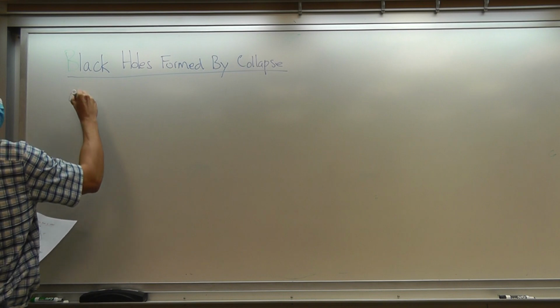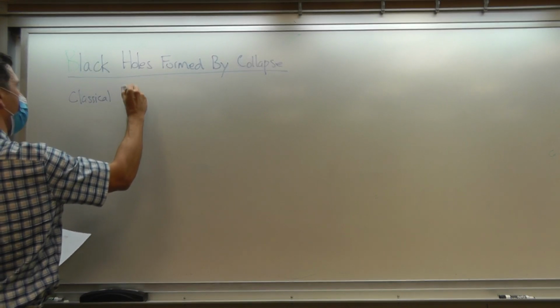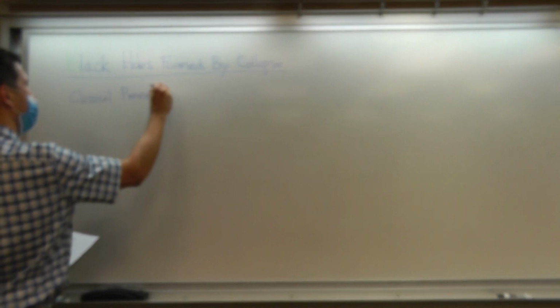So the classical Penrose diagram. By classical Penrose diagram, I mean we're not yet incorporating the quantum effects into this picture. This is the classical Penrose diagram. If you just find the classical geometry of a collapsing black hole, it looks something like this.